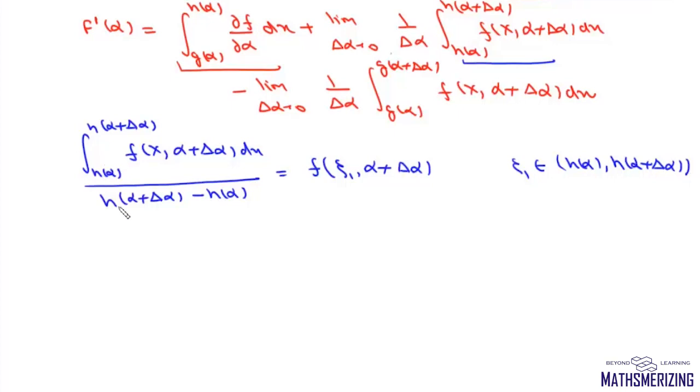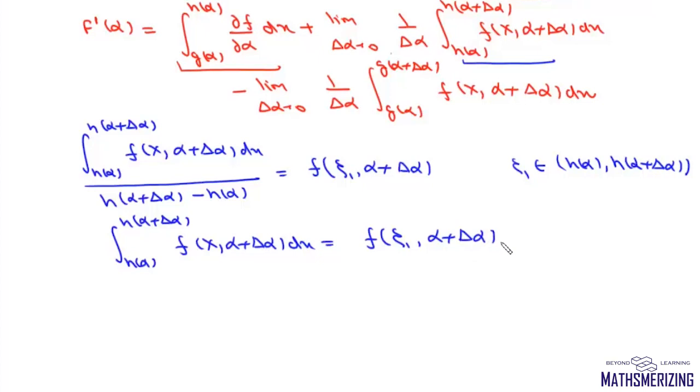So we can write this integral as f(zeta 1, alpha plus delta alpha) into h(alpha plus delta alpha) minus h(alpha).